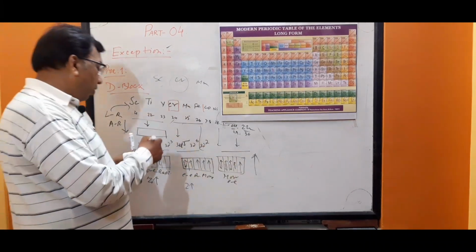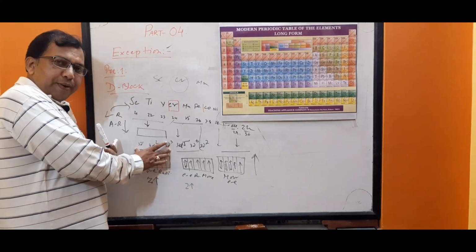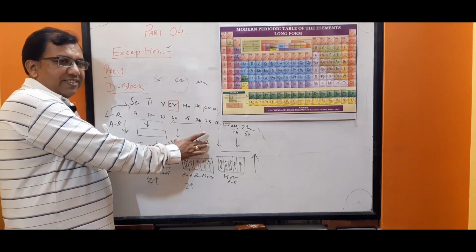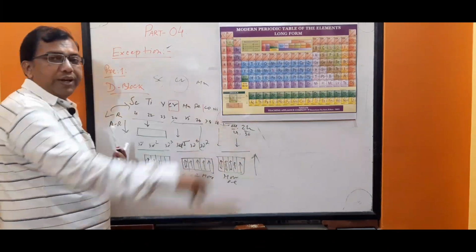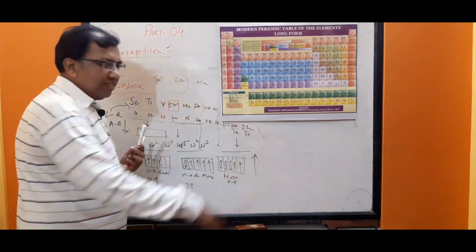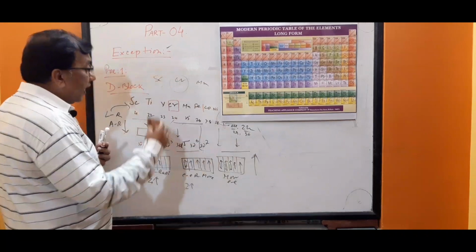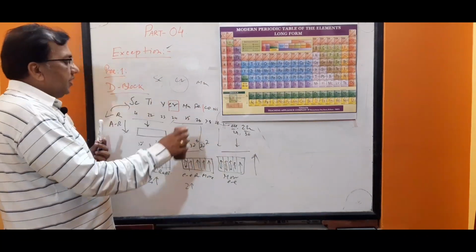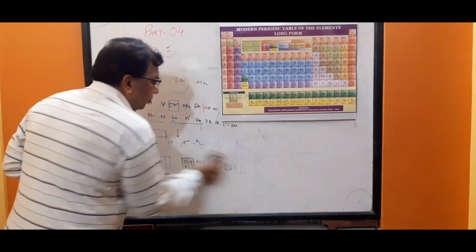You will have to follow this rule. This is decreasing, this is constant, again it is increasing. This is not systematic, not regular. It is an exception. So I am clearing this again, very important, jot it down.